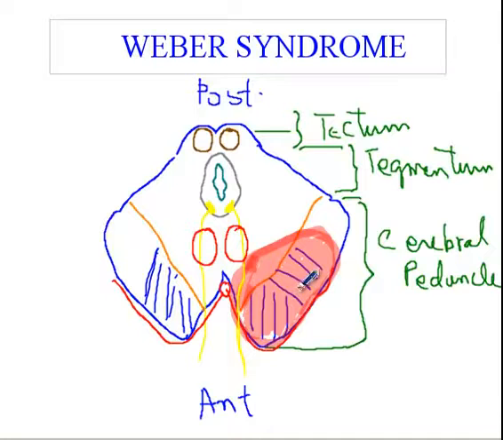Number two, the corticospinal tracts are involved. This will give you contralateral hemiparesis, including the lower half of the face. So the patient has ipsilateral third nerve palsy and a contralateral weakness of the face, arm, and leg.